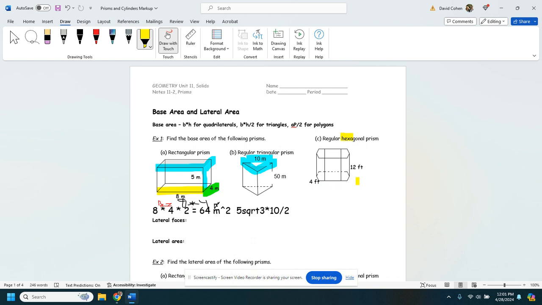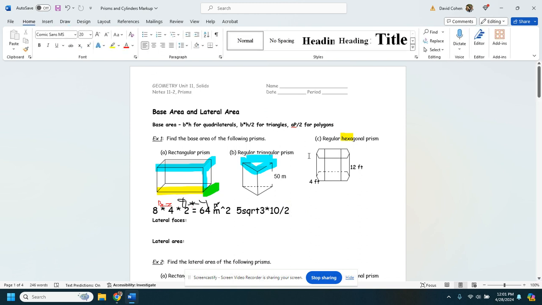Half of 4 foot is 2. So we use 2 square root of 3. Each side is 4. So we'll multiply that by 4.